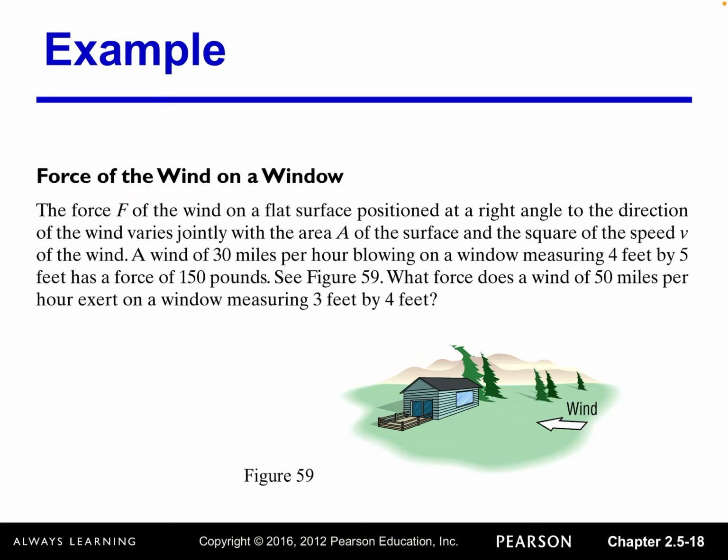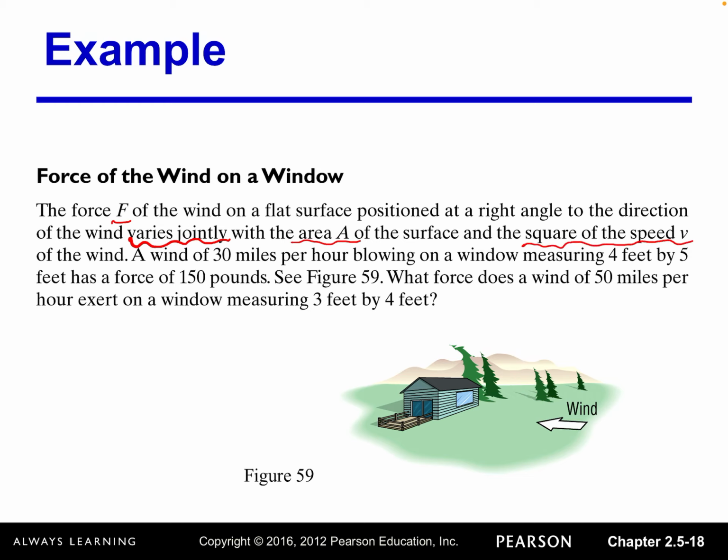So let's try another combined variation example: force of the wind on a window. Force F, we use F to represent the force of the wind on a flat surface positioned at a right angle to the direction of the wind, varies jointly, so that's the combined variation, with the area A of the surface and the square of the speed.